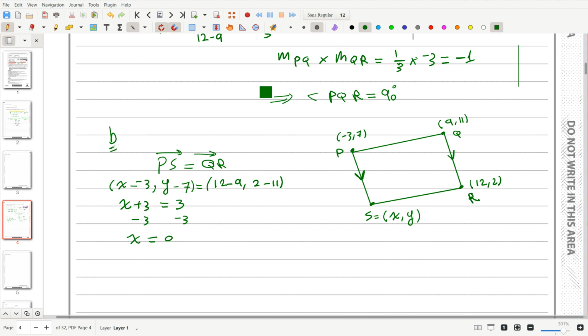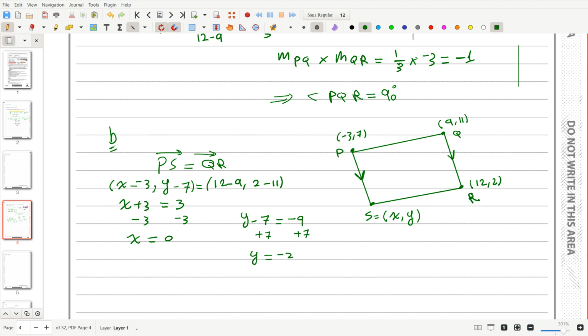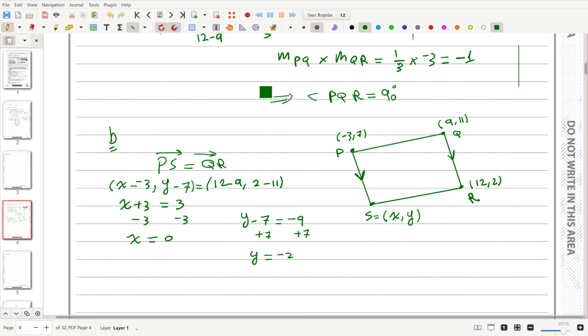And also y minus 7 equals minus 9, adding 7 to both sides, y equals minus 2. So the coordinates of point S are (0, -2).